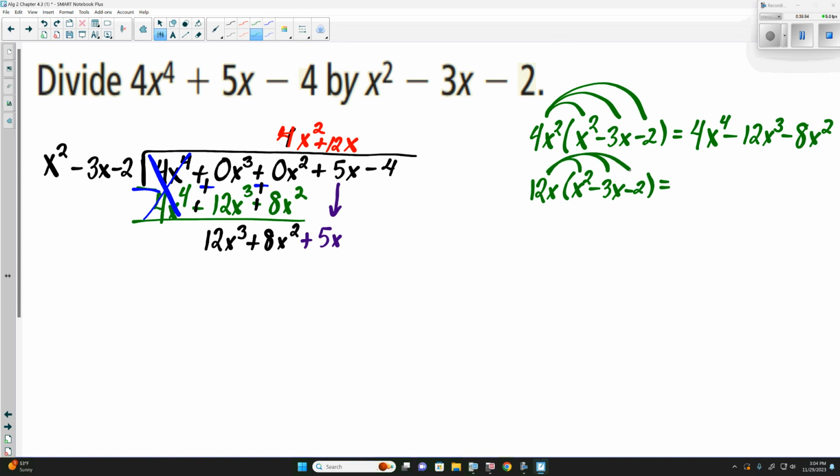So we'll distribute the 12x. 12x times x squared is 12x cubed, like we wanted. 12x times negative 3x: 12 times negative 3 is negative 36, x times x is x squared. And 12x times negative 2, 12 times negative 2 is negative 24. And we still have x.